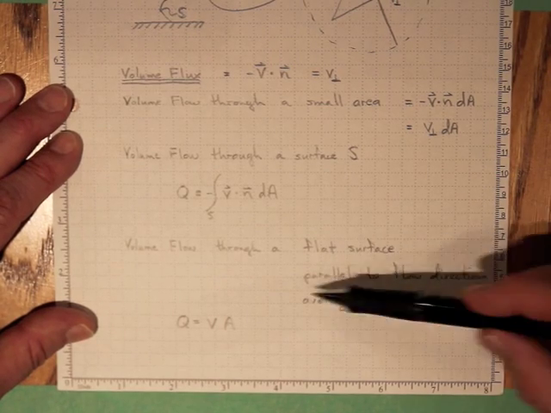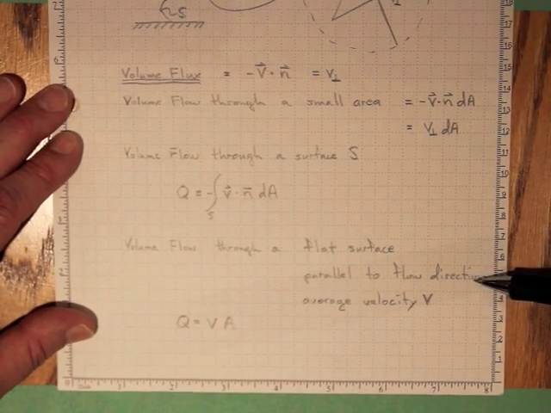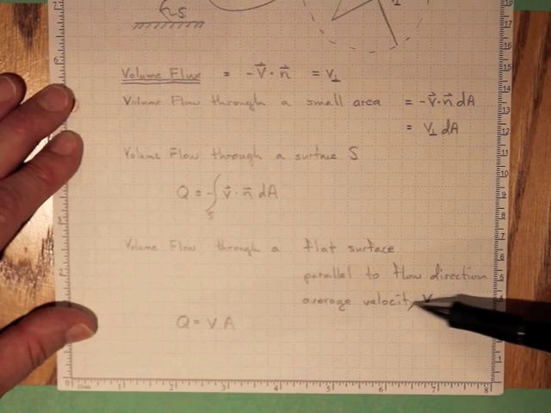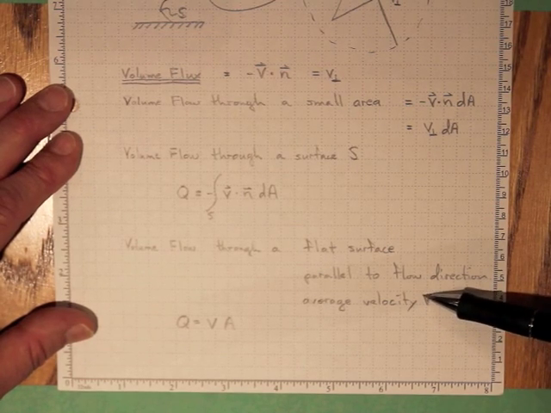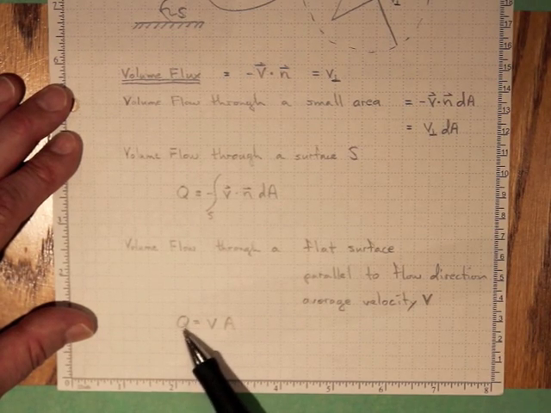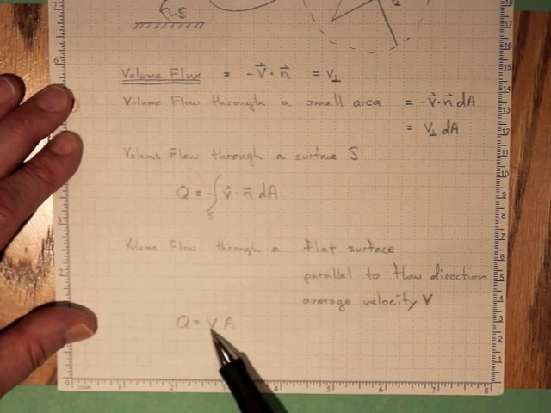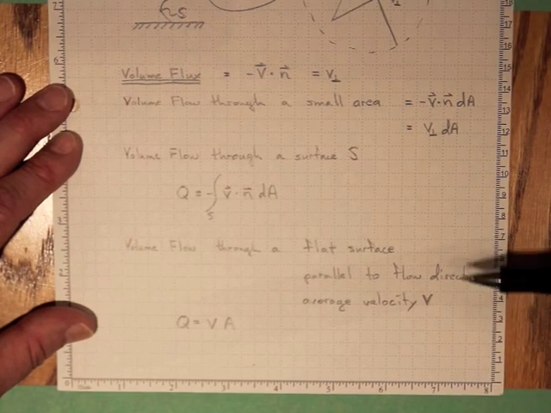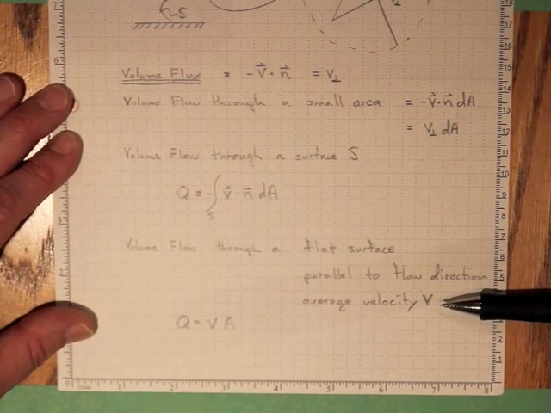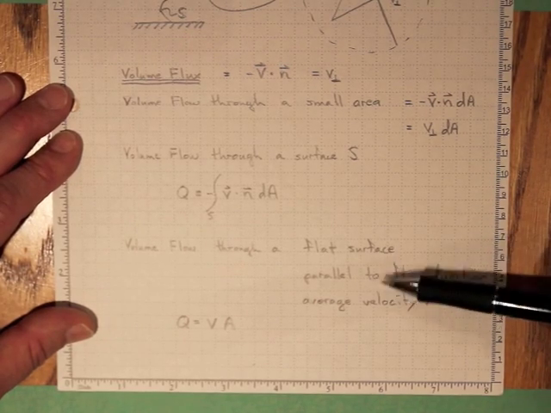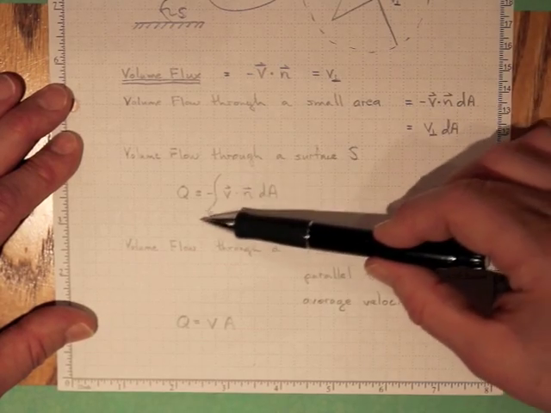If the flat surface is parallel to the flow direction, and we just have flow in one direction with an average velocity V, then the total volume flow is just velocity times area. If we don't have an average velocity known to us, or if we have a velocity distribution, then we'll have to actually do this integral.